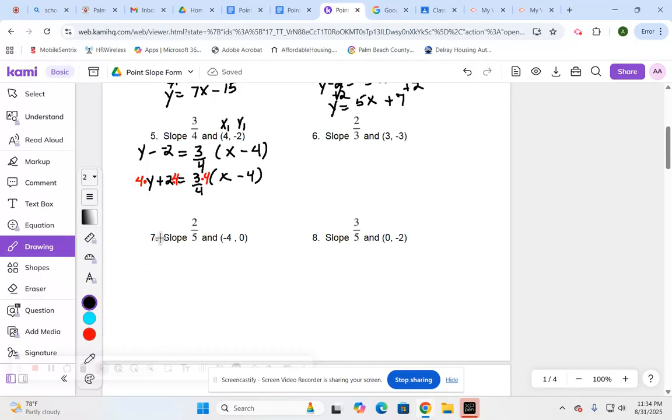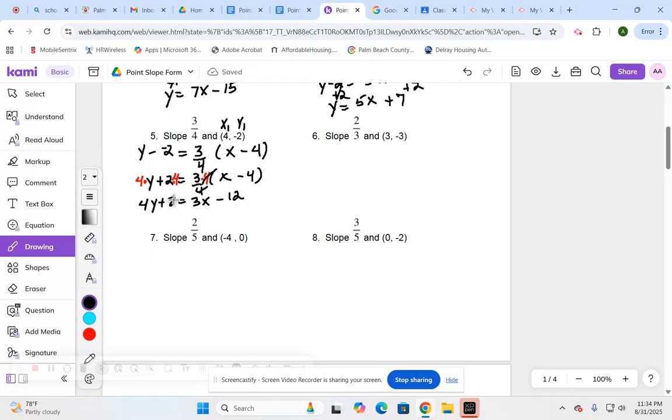Okay, we don't want to double multiply. All right, so then we'll have 4y plus 8 equals, you see the 4's will cancel here. You'll have 3 times x, 3x, and 3 times minus 4 is minus 12. And now we don't have fractions anymore.